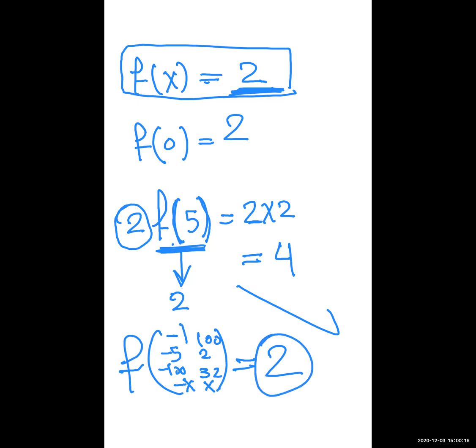But if there is a number before the function, this number is multiplied by the value of the function. So 3 f of whatever will equal 2 times 3, which will equal 6. Okay, guys, are we clear?